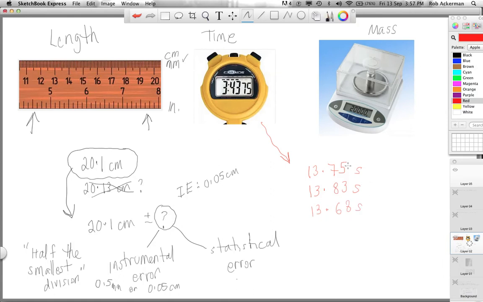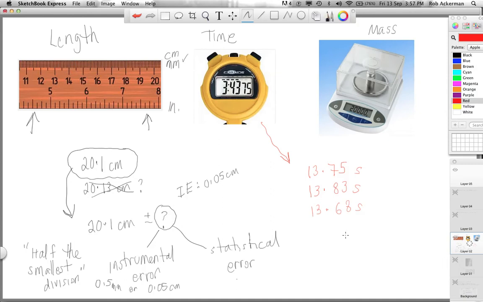Well, how can three people who are all watching the same thing measure three different times? Obviously, reaction time enters into it, judgment, the idea that you have to see the person start and see the person finish, and your brain has to send a complex series of signals to your thumb to stop the timer. And this will be different in different people.